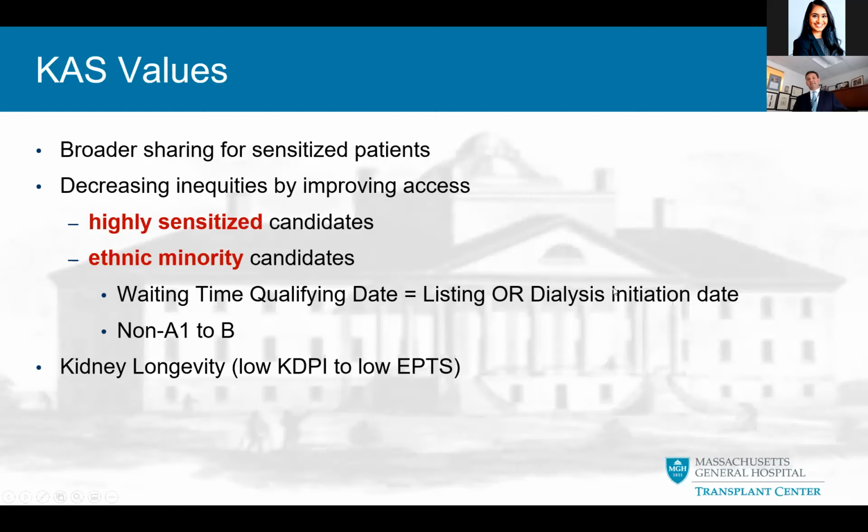So now they get their dialysis initiation date as their listing date or their qualified waiting time date. Similarly, many African Americans are blood type B, and that gives them a chance to capture kidneys from donors who are non-A1. And finally, as we mentioned, the top quality kidneys were given to top quality patients, increasing the longevity of the kidneys.